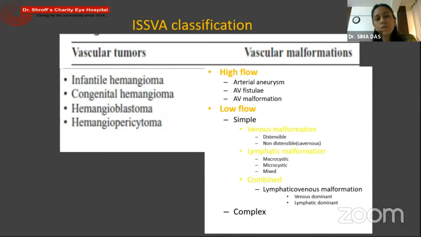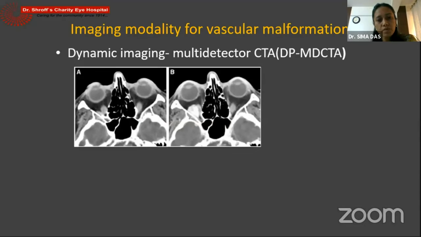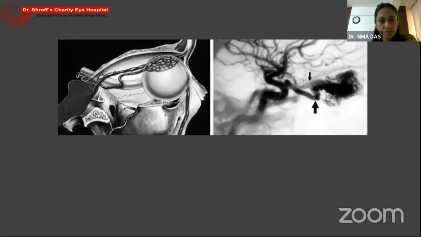What we definitely know is the new ISSVA classification, based on which we need to classify. And to classify these lesions based on the ISSVA, we need the proper imaging modality. For most of these patients, the best imaging modality remains a dynamic MRI, which can tell us whether it's essentially a venous, lymphatic, or predominantly arterial malformation.